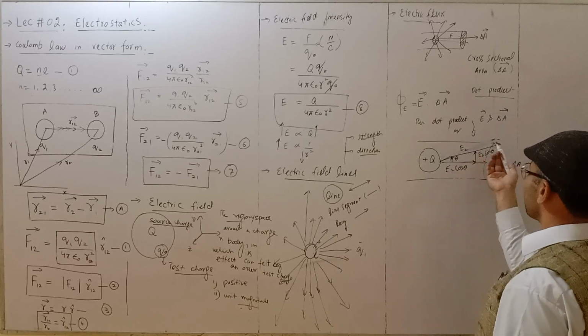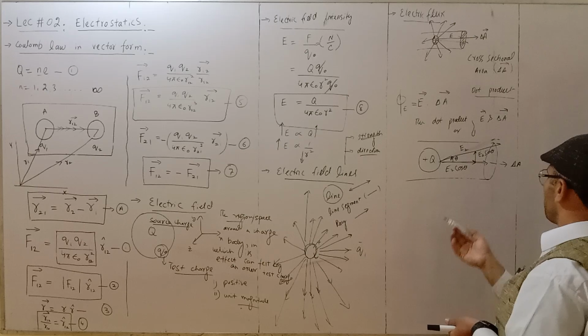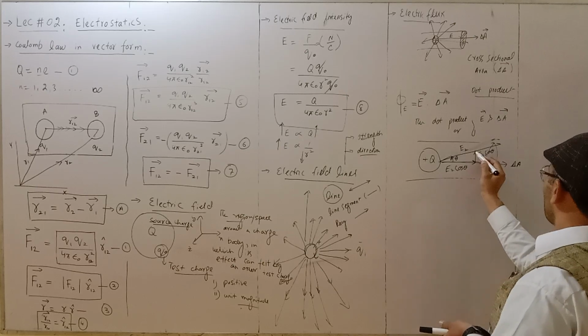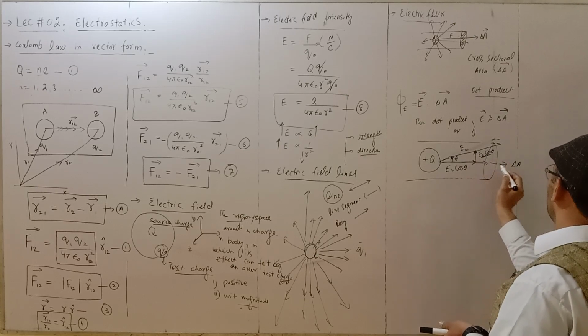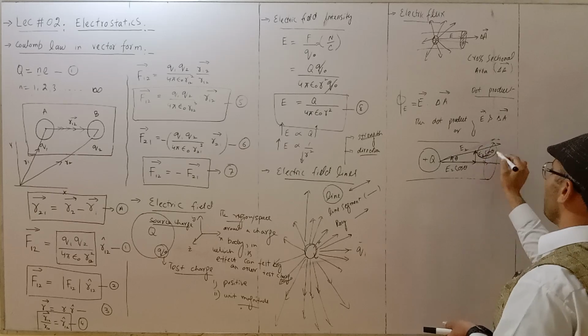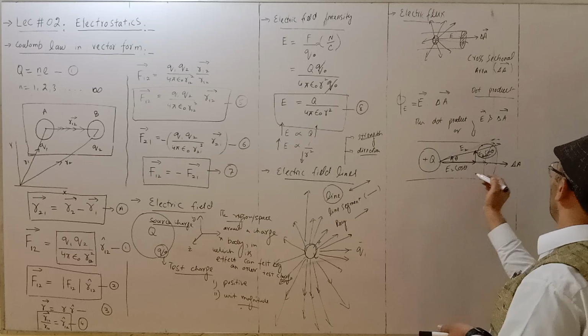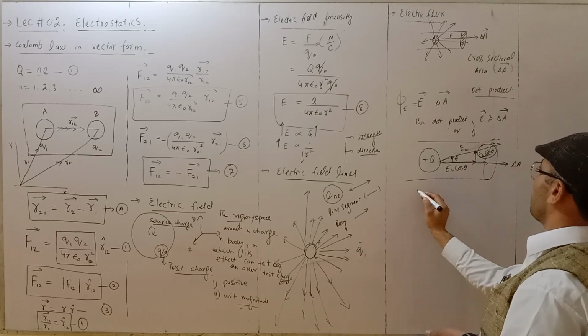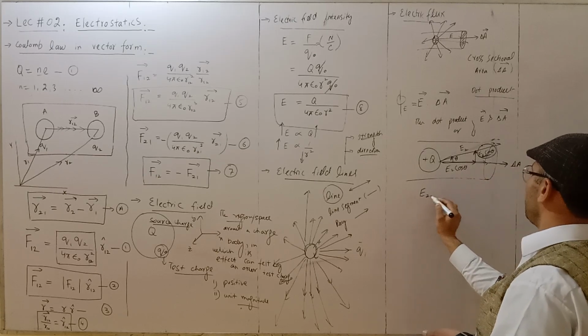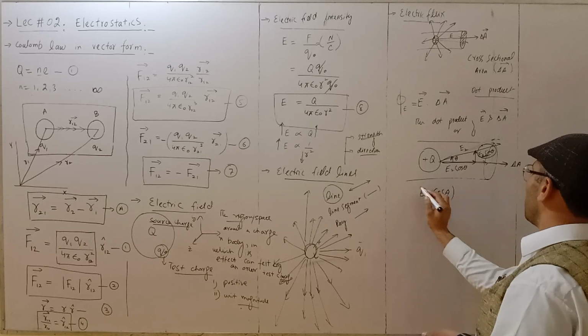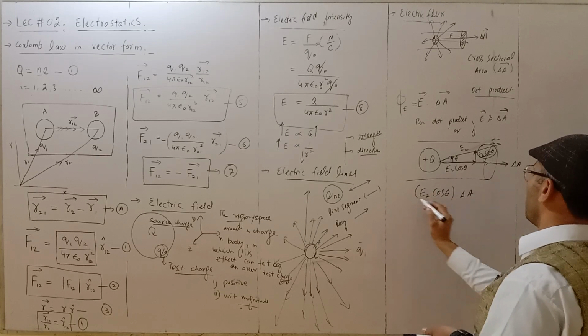So E2 is resolved into two components, and one component is perpendicular to delta A. So I will skip this component and will take E2 cos theta with delta A.